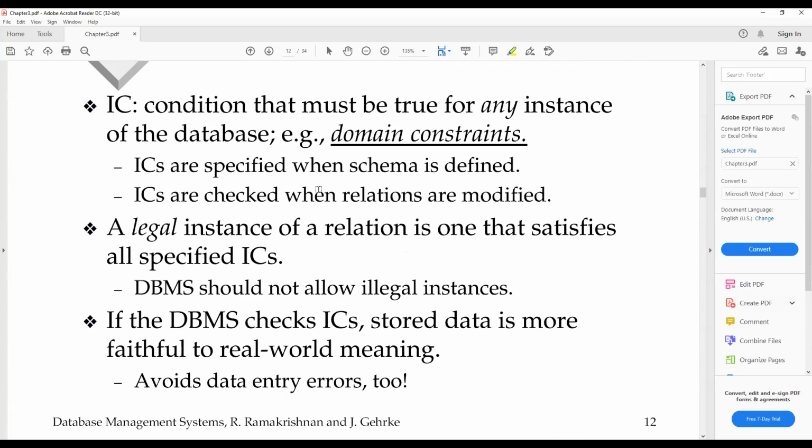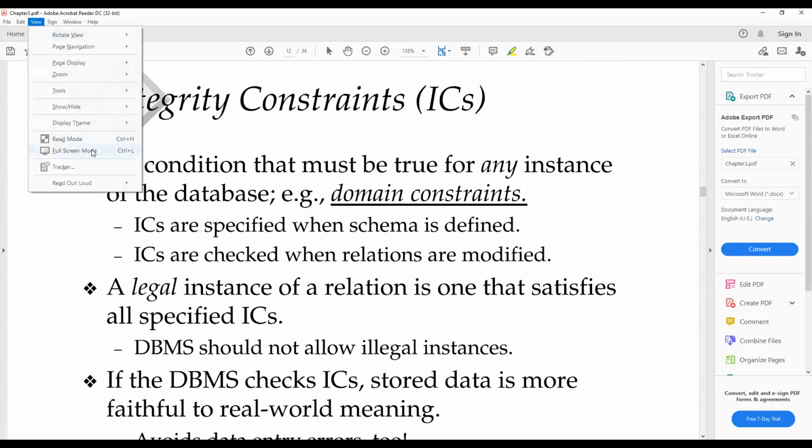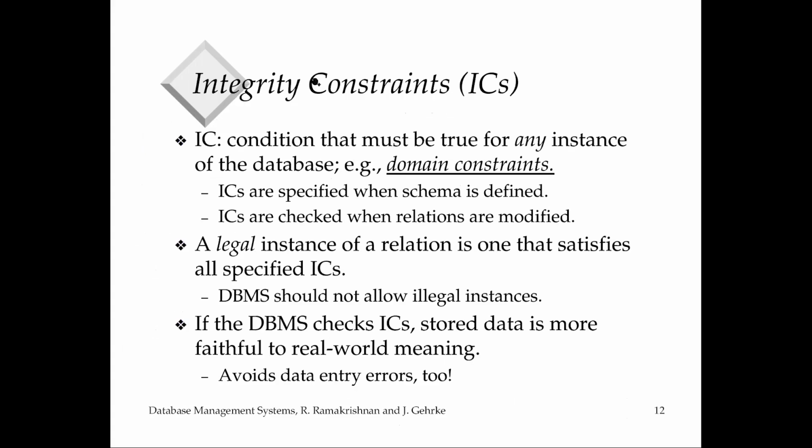Okay. So the other thing that is important to discuss are integrity constraints. An integrity constraint, again, will be very clear shortly. It's a condition that must be true for any instance in the database.